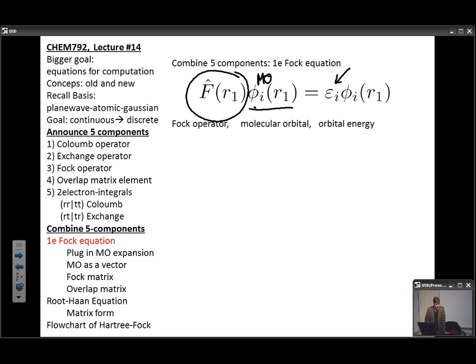If one applies the Fock operator to some arbitrary function, then one will get another arbitrary function. But if the function that you are applying the Fock operator to is a good molecular orbital, if it is an eigenstate of the Fock operator, then one will get the same function on the right. So the function is not changed by acting with an operator on it. Okay?